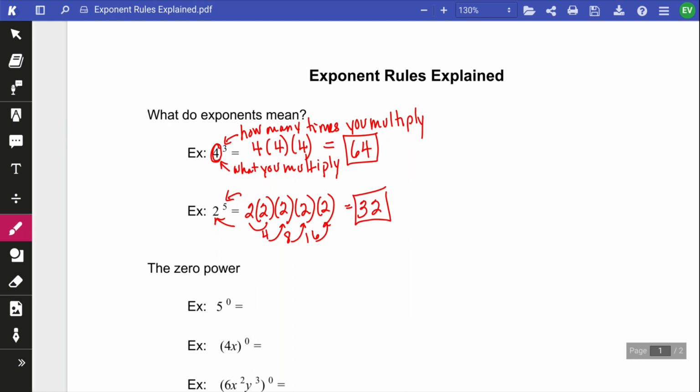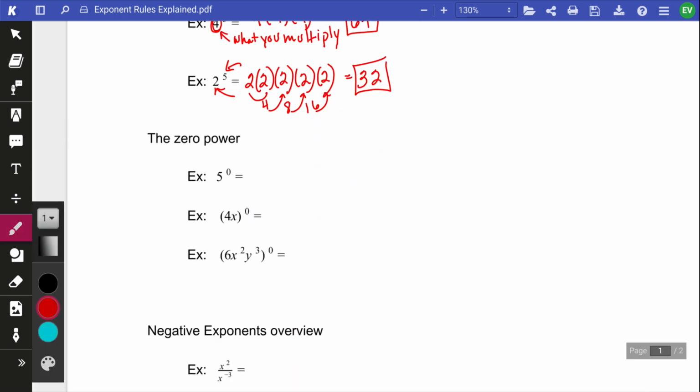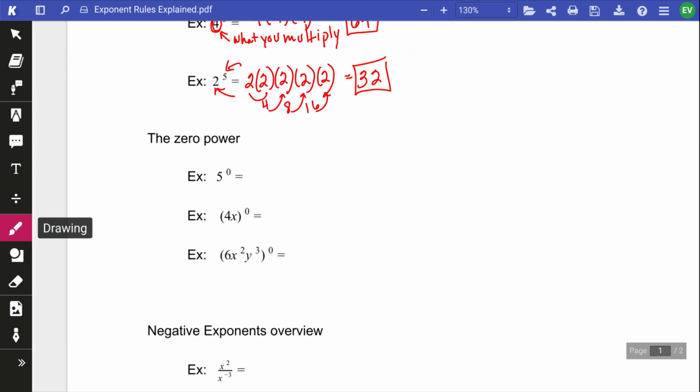Pretty easy, but I just wanted to remind you what exponents were before we got into the actual properties and the rules. So the first one is the 0 power. So what does the 0 power mean? The 0 power is when you have this 0 in the power part of it.